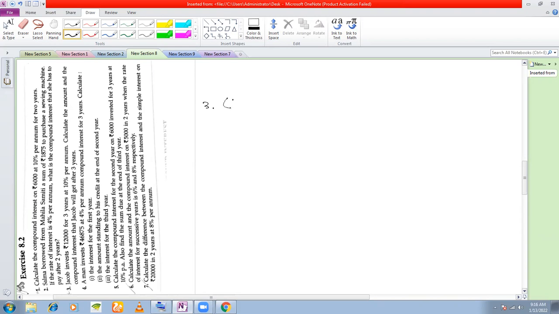So we calculate for the first year. Principal is 12,000 rupees. Time is T. Time is 1 year because you're only calculating for the first year. And the rate of interest is 10. Right?